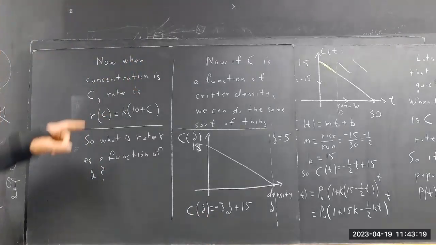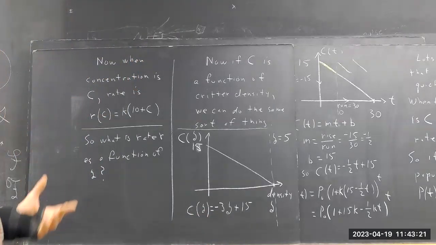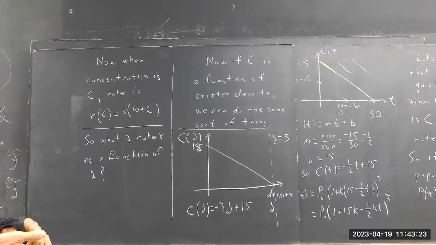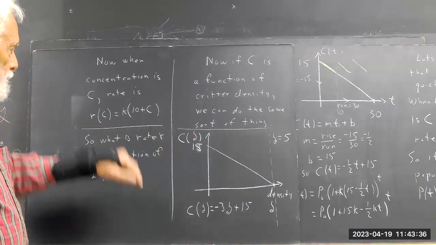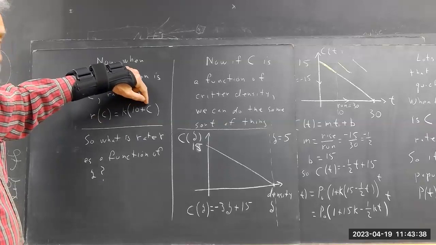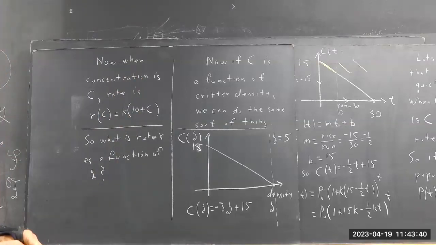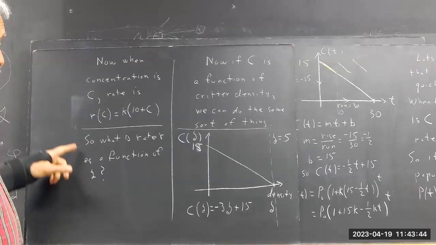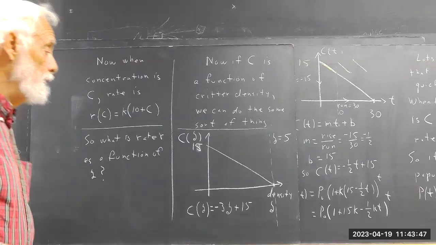So now when the concentration is C, let's say the rate is in some way a little more complicated than the rate we gave. It's no longer K times C, it's K times 10 plus C. The question then is, what's the rate as a function of delta?